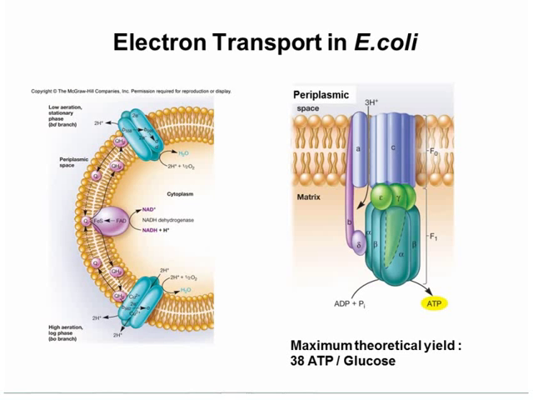So what you need to understand is how electron transport can be coupled to ATP generation. So in E. coli, there's a simple electron transport chain with 3 components. NADH dehydrogenase, quinones in the membrane, and cytochrome oxidase.